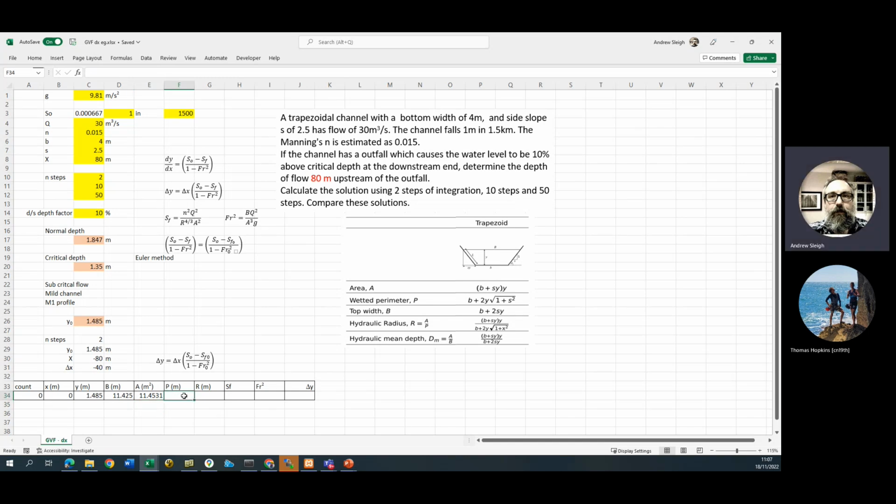Yep, now P, there's our P value. It's a bit longer equation. Let's type that in. B, bed width fixed with F4, plus 2 times y times the square root of 1 plus the side slope, all squared.